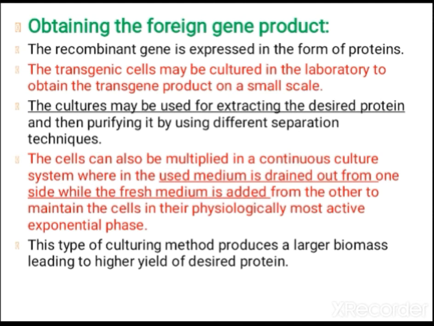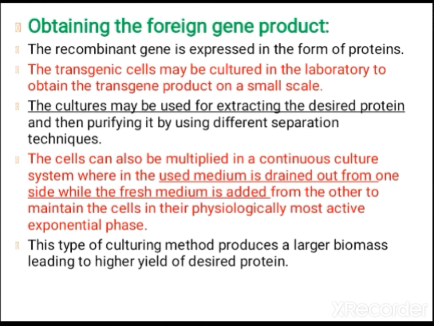Some medium is drained and fresh medium is added, because the medium will accumulate other unwanted products, so it has to be removed frequently and fresh medium added. Then only it will be physiologically active. They produce waste materials and other metabolic wastes, which can contaminate. That's why the used medium is frequently drained out and fresh medium is added.